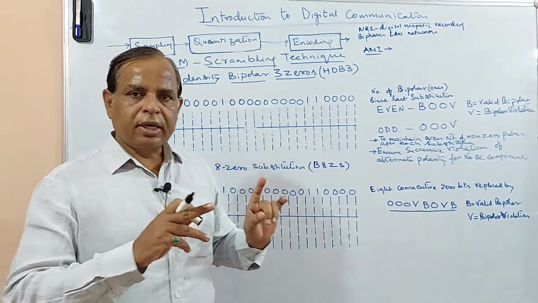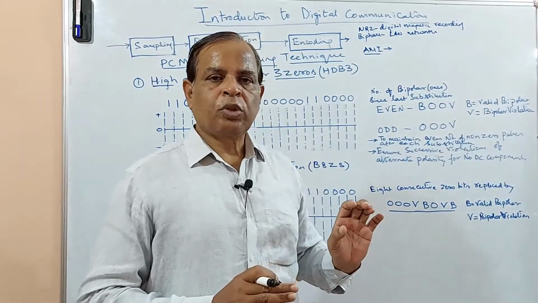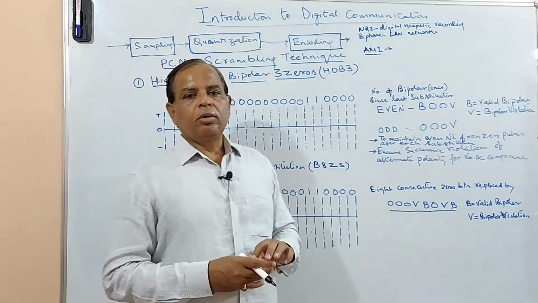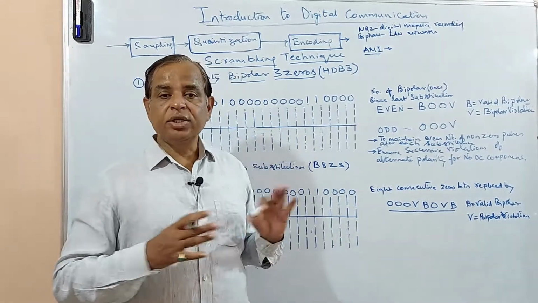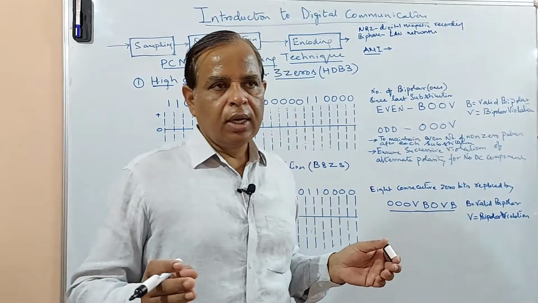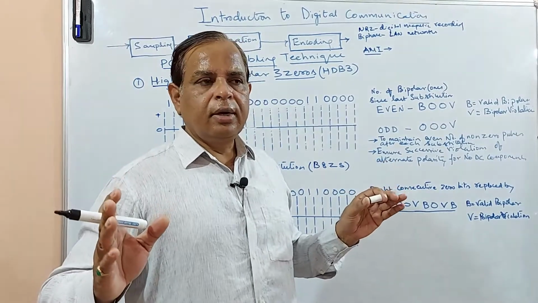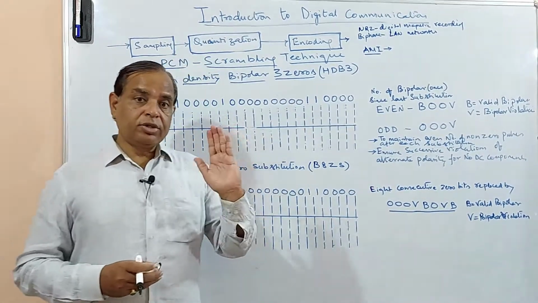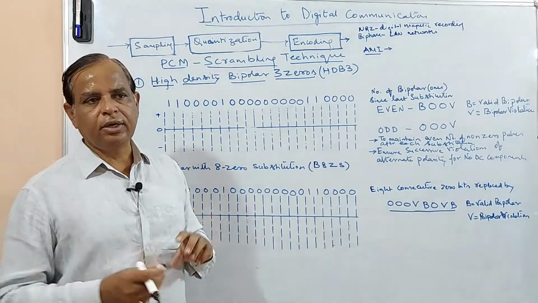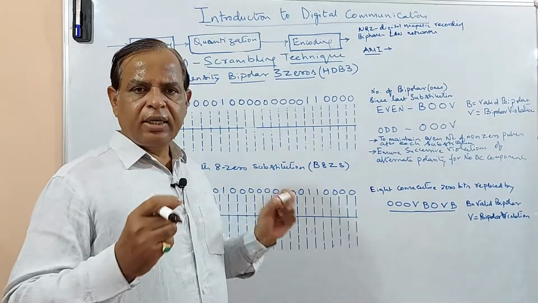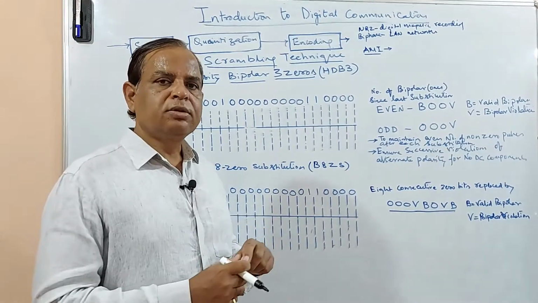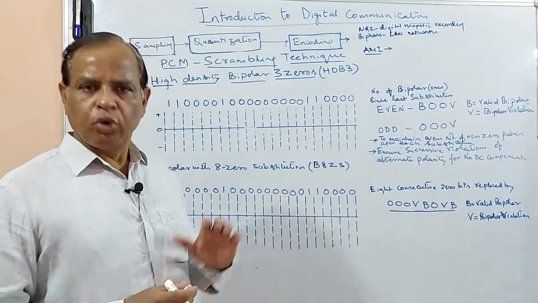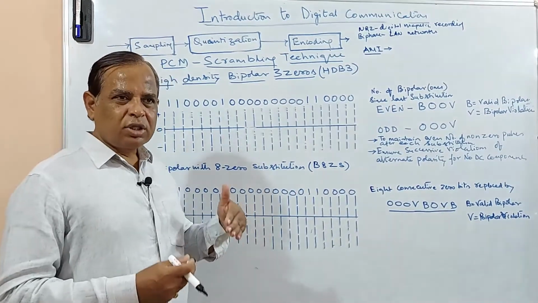So the consecutive ones problem is solved in AMI, but one problem remains: consecutive zeros. If there are consecutive zeros, there is no solution. What is the trouble? If synchronization is missing at some stage, the receiver is unable to reproduce the original bits.